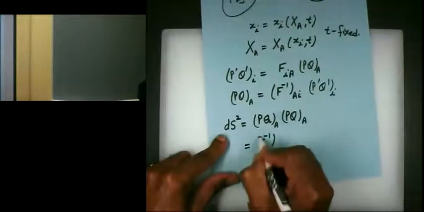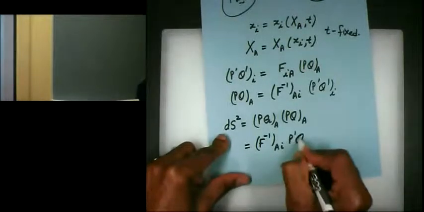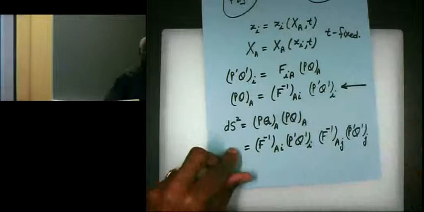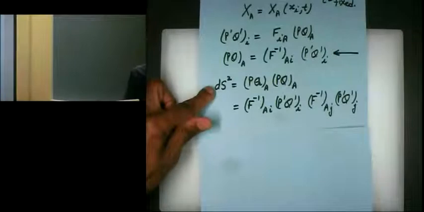It's summed on A. A is a repeated index, so it is summed on A. And if we substitute for PQ from this equation, all I'm doing is substituting for PQ in terms of P prime Q prime.